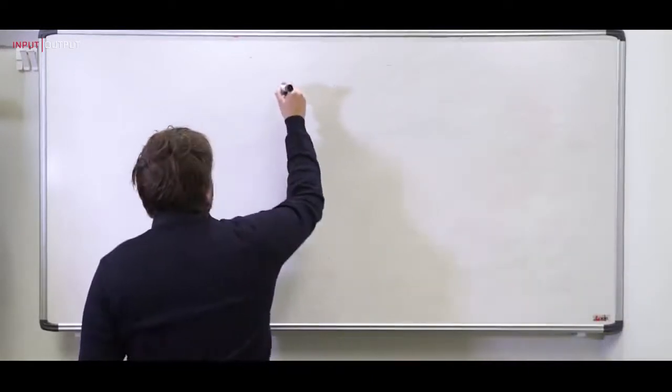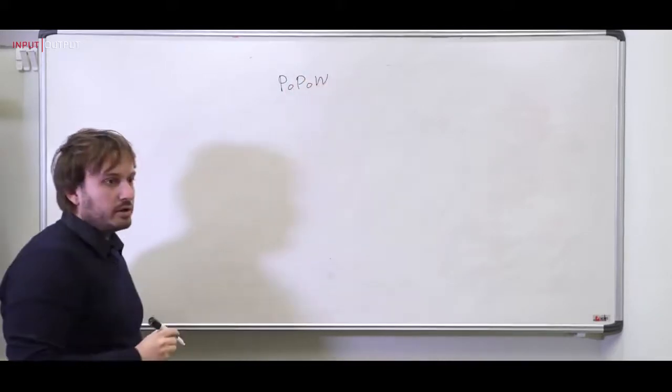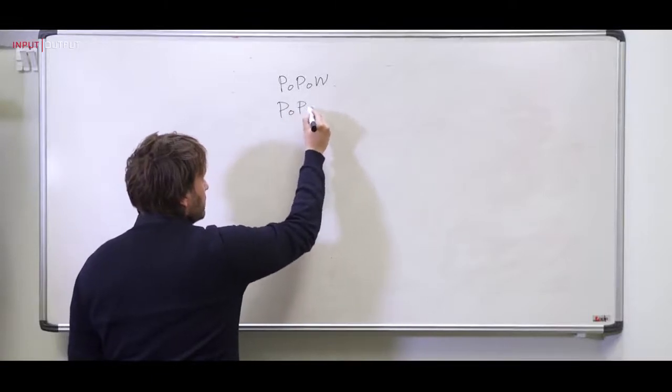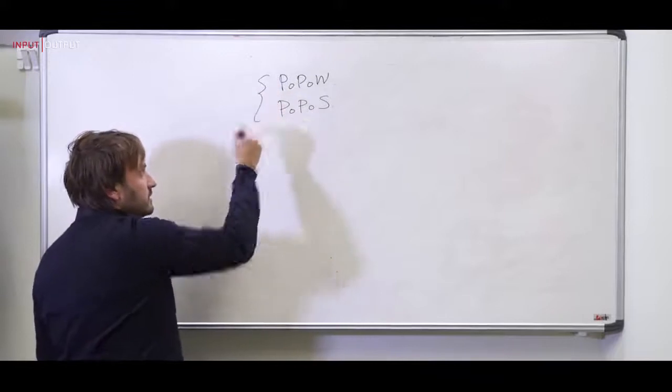Recall that there are proofs of proof of work, but also proofs of proof of stake. These are the two main categories.